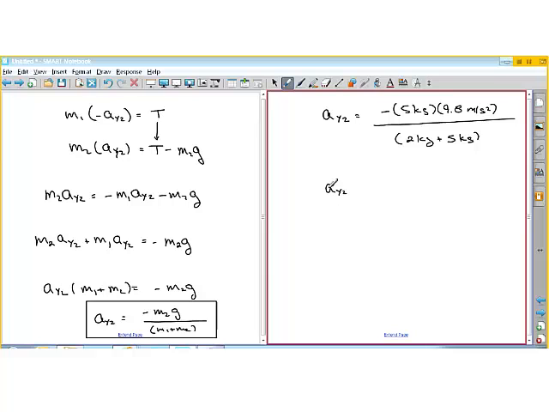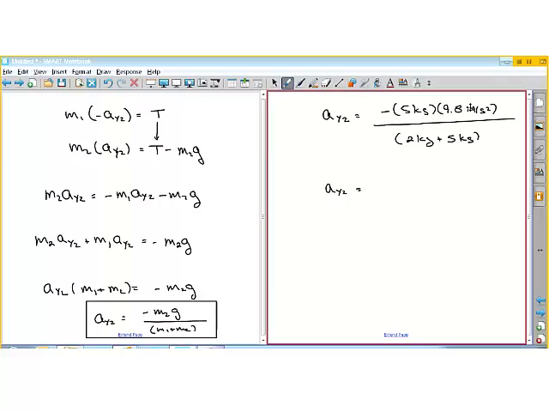The bigger that m2 is relative to m1, the faster it's going to accelerate. If m1 equals 0, then I just get negative 9.8 meters per second squared, because these cancel out.